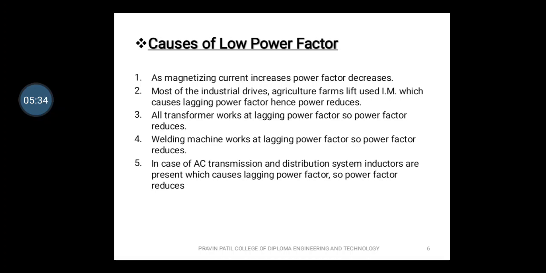The most important issue is that all transformers work at lagging power factor. Also, welding machines work at lagging power factor. In AC transmission and distribution systems, inductors are used. Hence, it causes lagging power factor, that means power factor reduces.